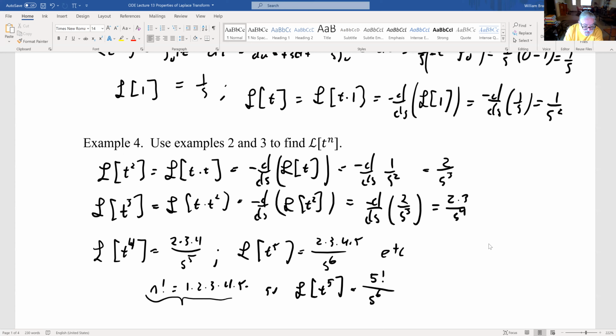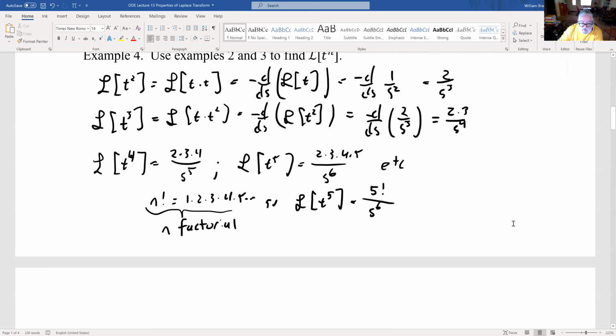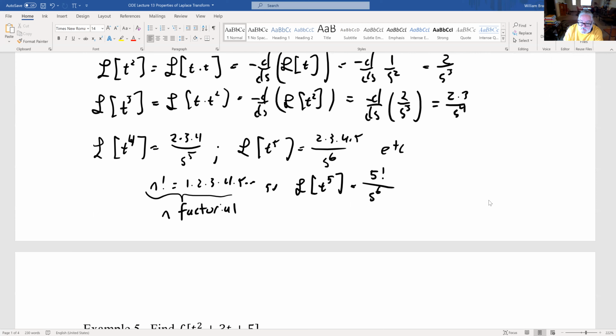This is called n factorial. And so in general, what we are getting for the Laplace transform of powers of t is n factorial over s to the n plus 1.